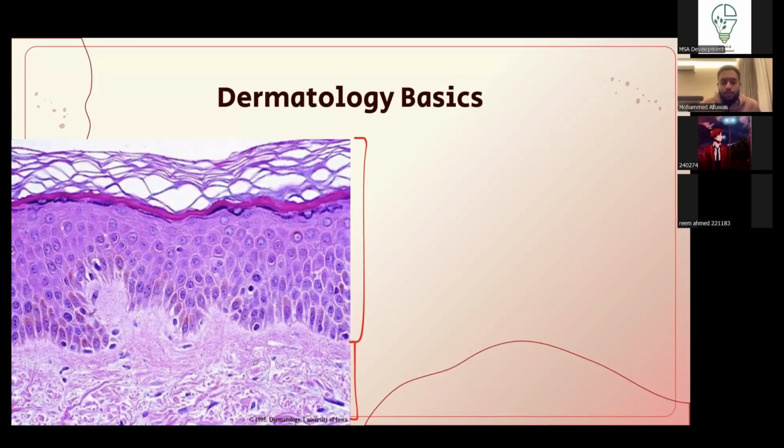Now, which of these two layers will have blood vessels? Dermis or epidermis? Dermis. Good. So the dermis will actually have a lot of blood vessels and a lot of collagen. And this is important because what will come out of the blood vessels? Firstly, of course, blood. And the second thing is white blood cells, okay, inflammatory cells.